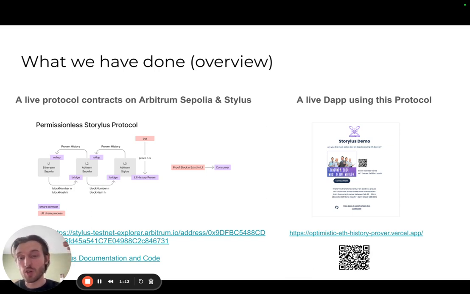What that protocol does is that it uses an L3 and the state root of that L3 on the L1 to give consumers access to the historical data of Ethereum with storage proofs. We also have links to the contracts and the documentation if you want to take a look. And we also built a dApp that showcases a use case with that protocol.